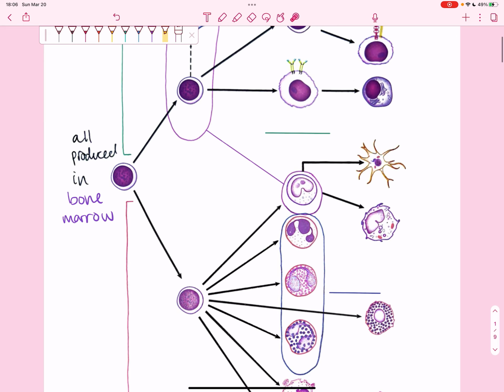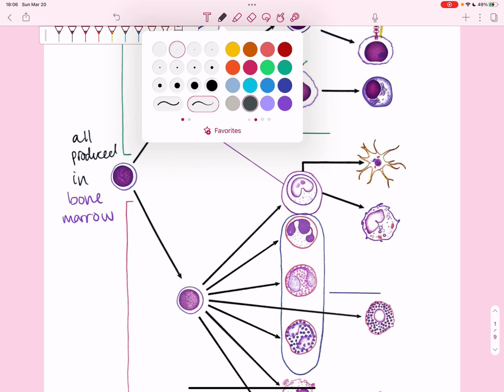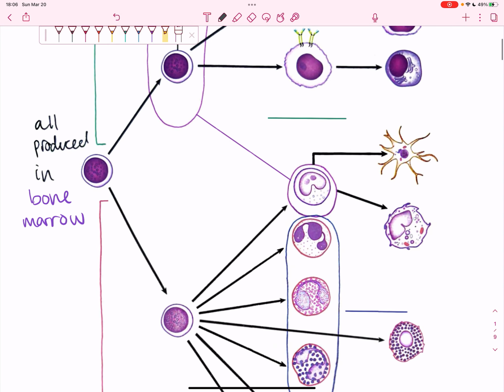Now, everything starts here with what is called a hematopoietic stem cell. So, use a bit of a smaller pen here. I will write that out. Hematopoietic stem cell. Okay.